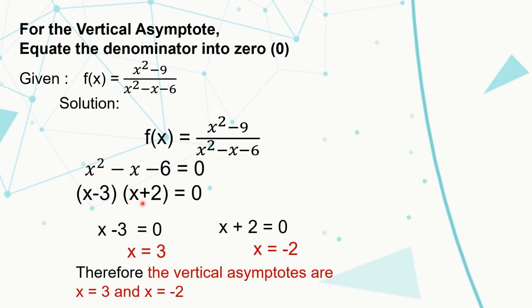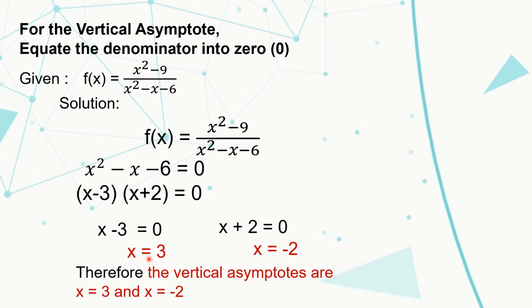So, since this is equal to 0, pwede natin siyang paghiwalayin. So, x minus 3 equates siya sa 0, then x plus 2 equates siya sa 0. So, solving for x here, just transpose negative 3 to the right side of the equation, naging positive 3.